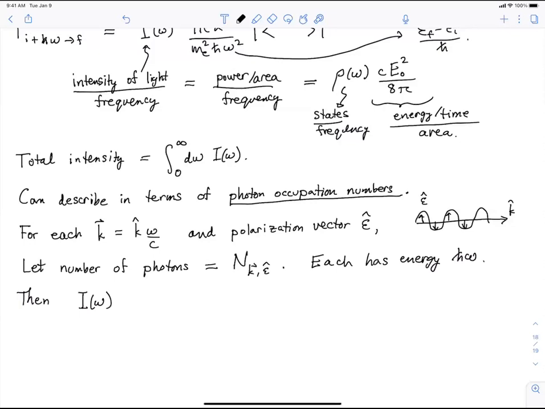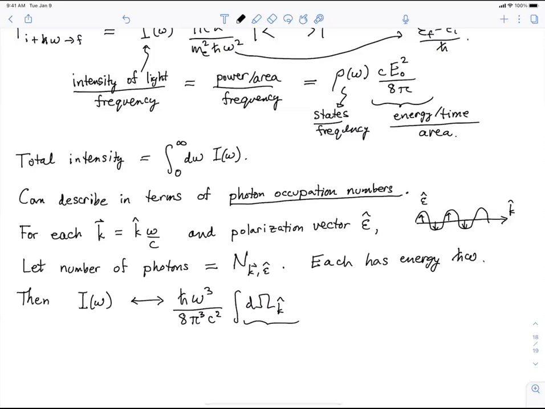The intensity is equal to some numerical factor, which happens to go like the frequency cubed over 8 pi cubed c squared. And then I need to integrate over all possible directions that the photons could be going.